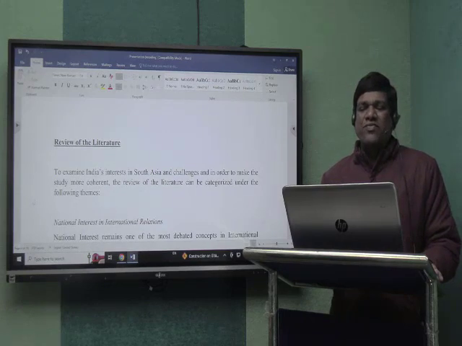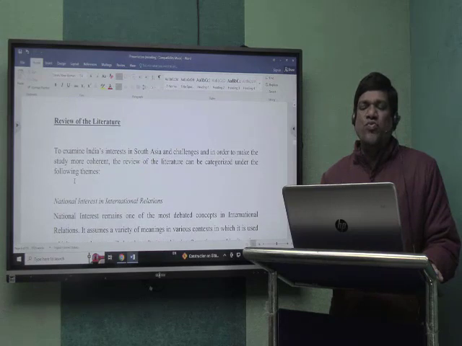The second purpose of the literature review is that it helps you to find the gaps, right? What do we do in research? We fill the gap. So that purpose also is served by the literature review. You need to have a literature review, and it has to be divided thematically.